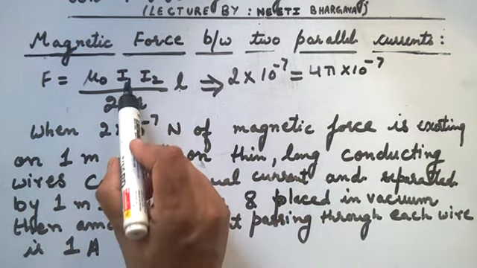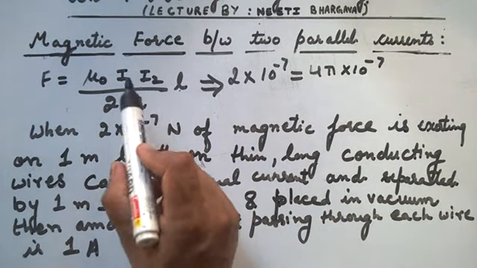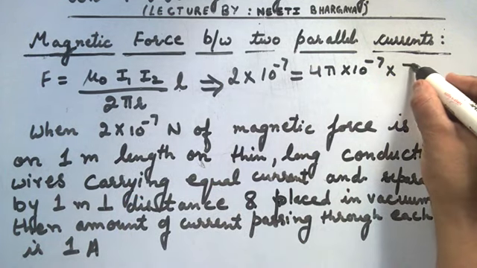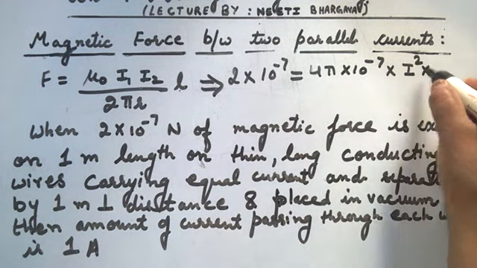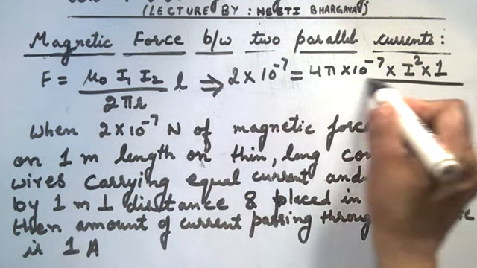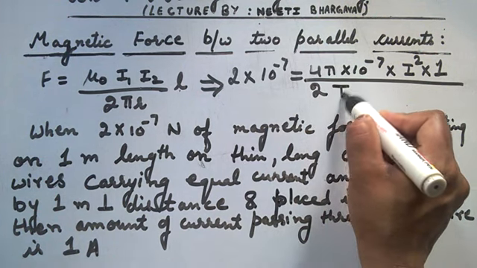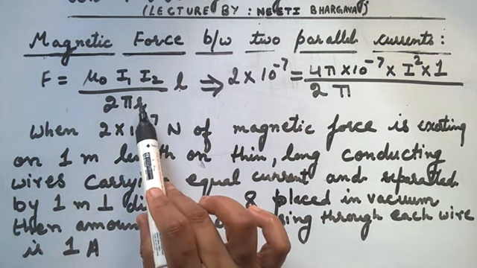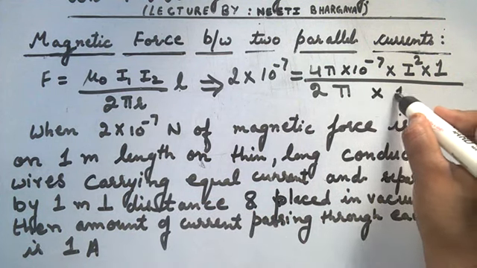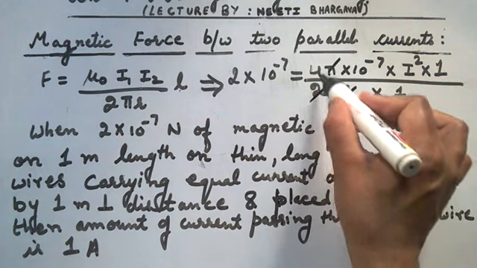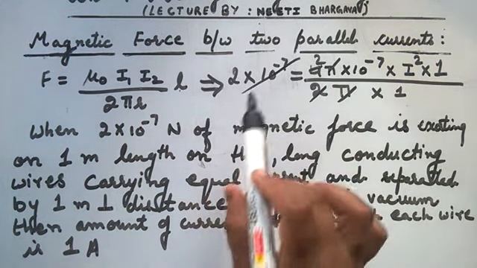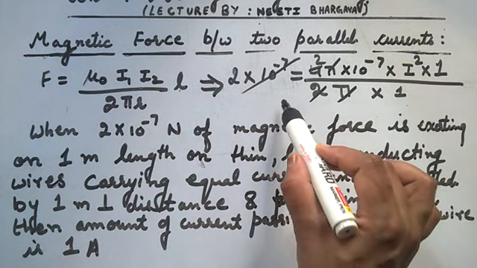And in both the wires, equal currents are flowing. That is, I1 equal to I2 equal to I. Therefore, it is I square. And their lengths are 1 meter, 2 pi, and they are placed 1 meter distance apart. Therefore, 2 into 10 raised to the minus 7 is cancelled out by 2 into 10 raised to the minus 7, and we get I equal to 1.